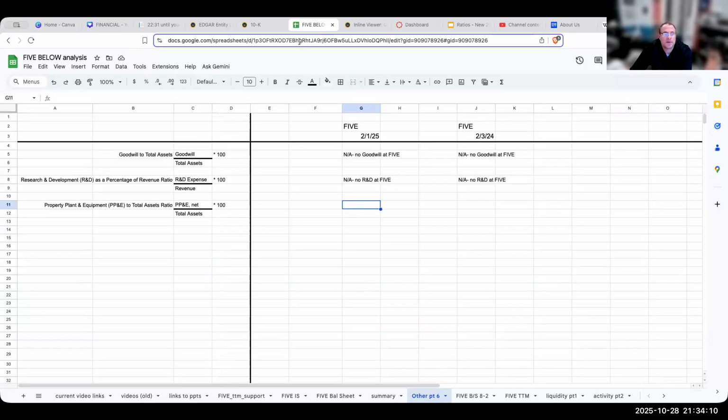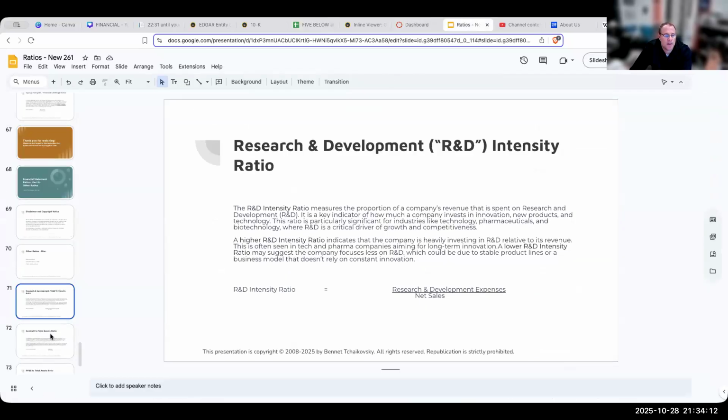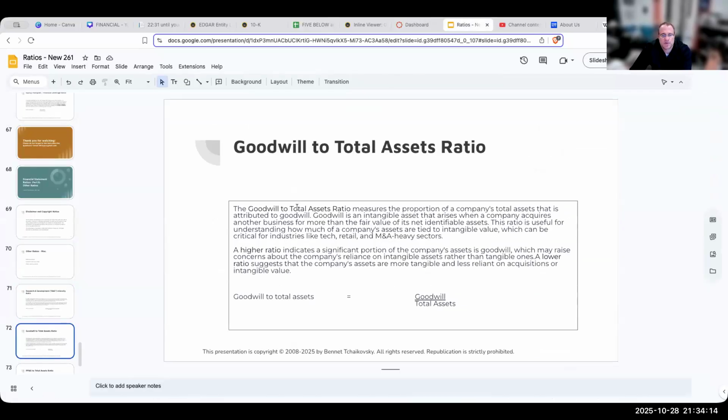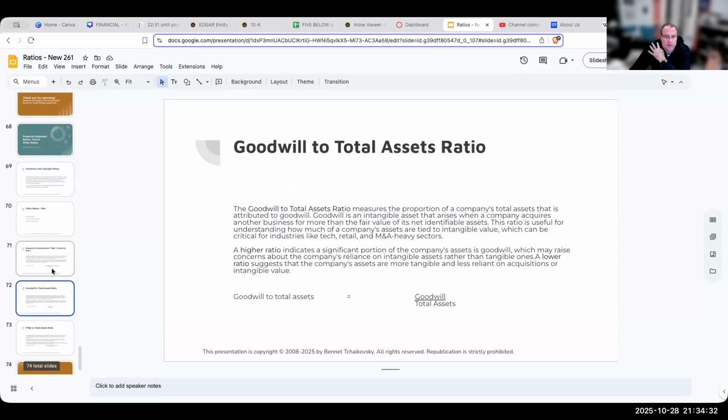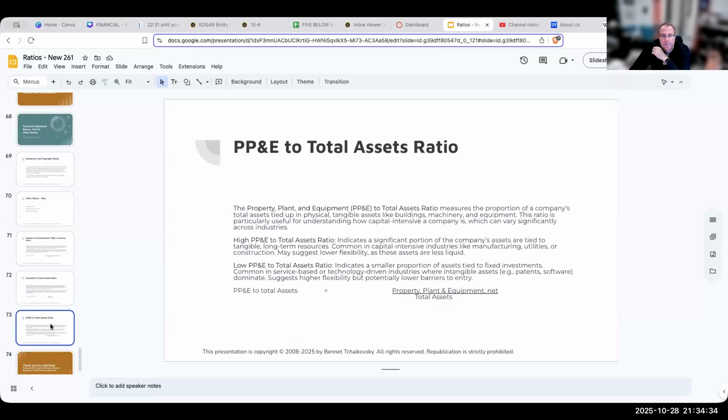Let's take a look at PP&E. Again, the goodwill to total assets ratio is attributable goodwill. A higher ratio indicates a significant portion of the company's assets is goodwill, which may raise concerns about the company's reliance on intangible assets rather than tangible ones. A lower ratio suggests the company's assets are more tangible and less reliant on acquisitions or intangible value.